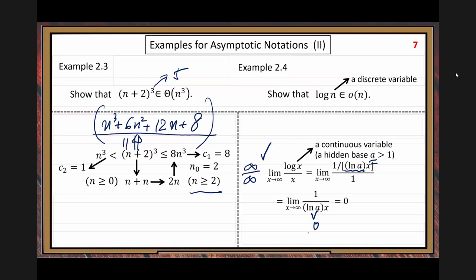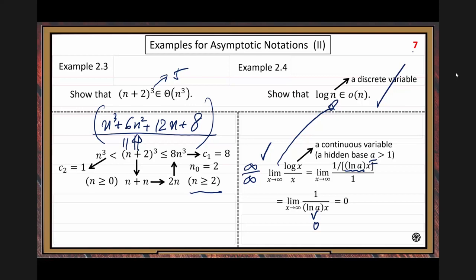But this is the continuous version. We want to go back to the discrete version. Remember last time the definition of limit: we can approach infinity in an arbitrary way. We just take the discrete values going to infinity, and that corresponds to this case.